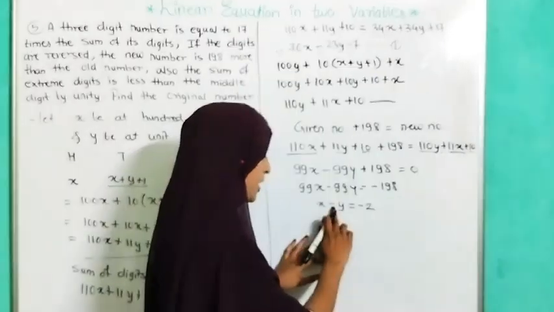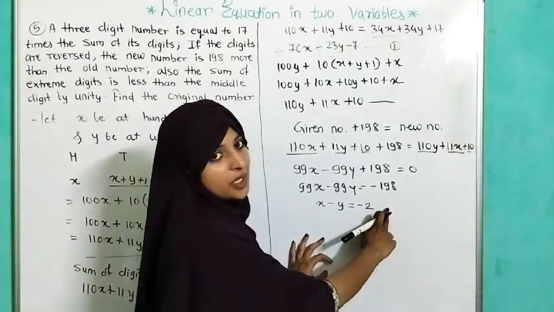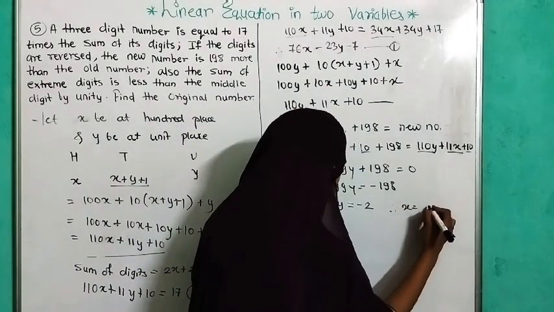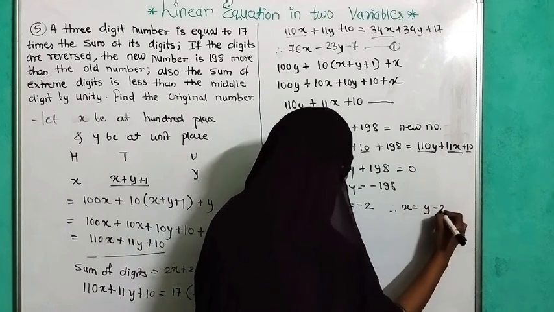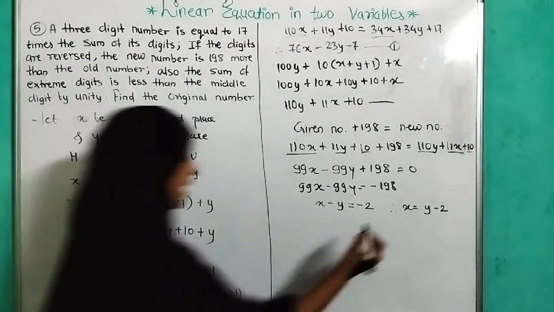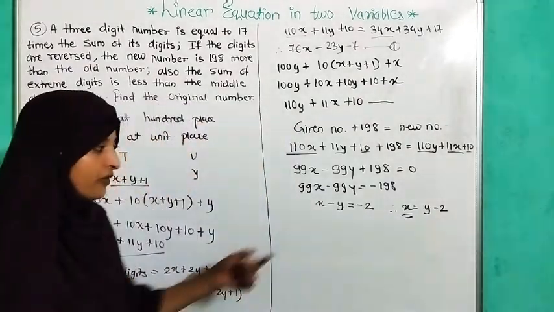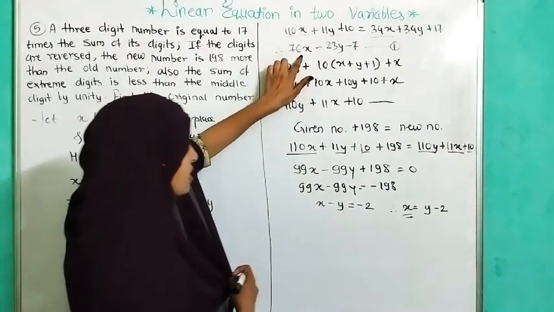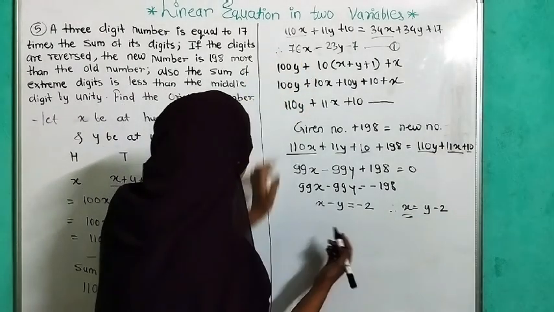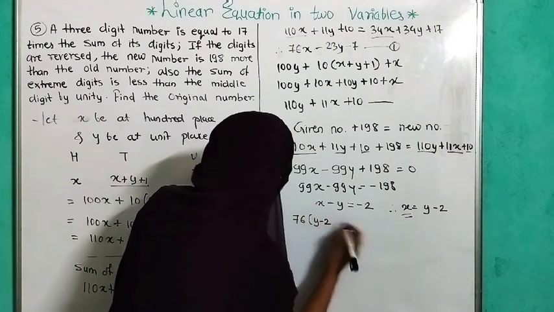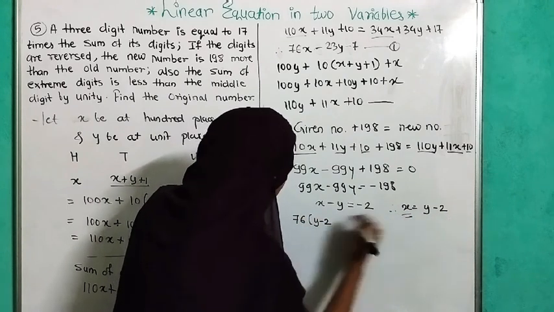Then this minus y, if we shift it, becomes positive, so x is equal to y minus 2. We are going to put this value of x in equation number 1, substituting 76 into y minus 2, because x is equal to y minus 2.